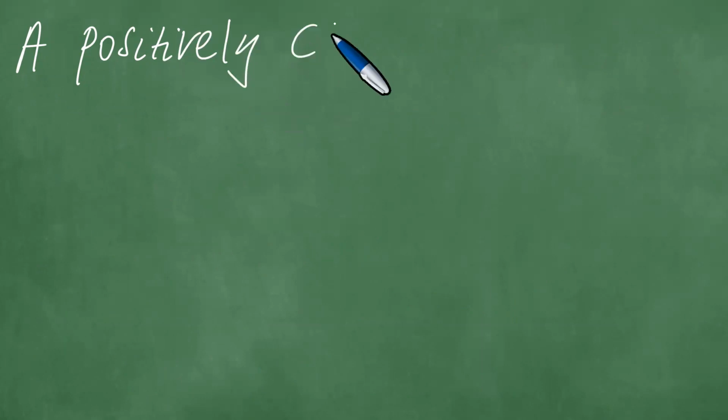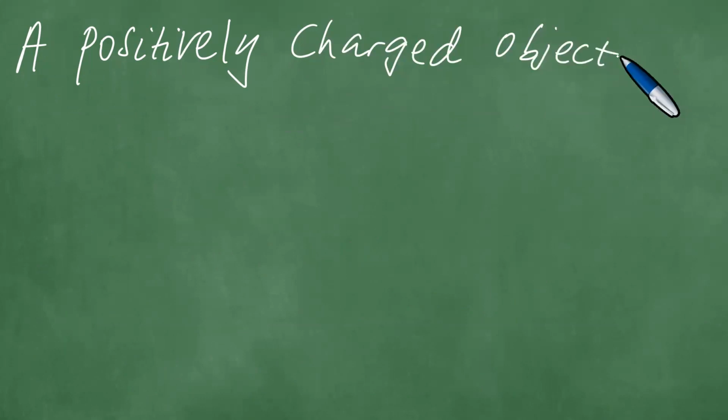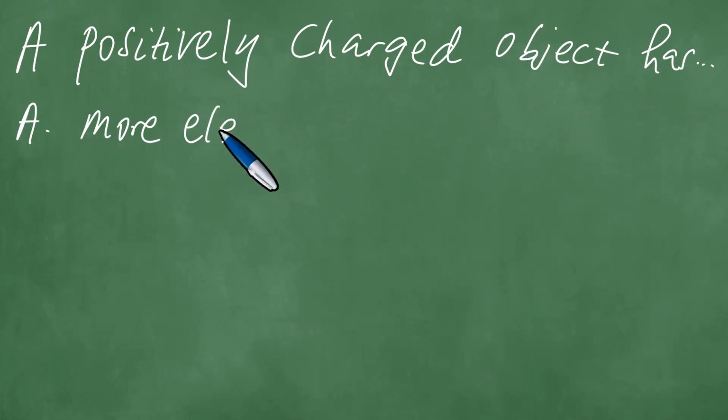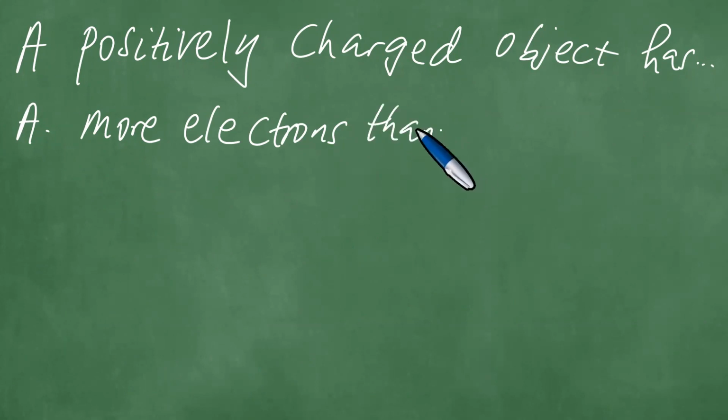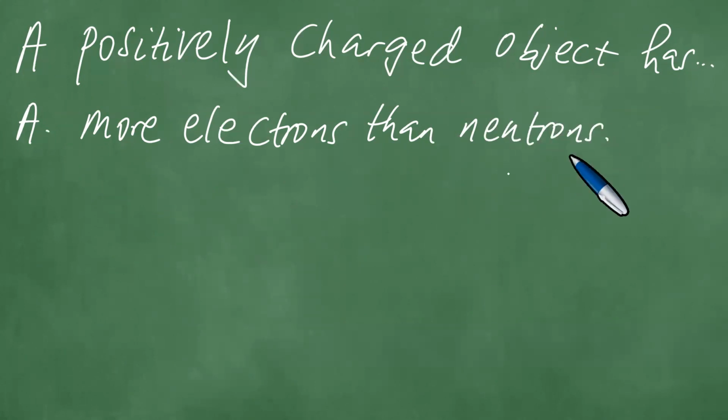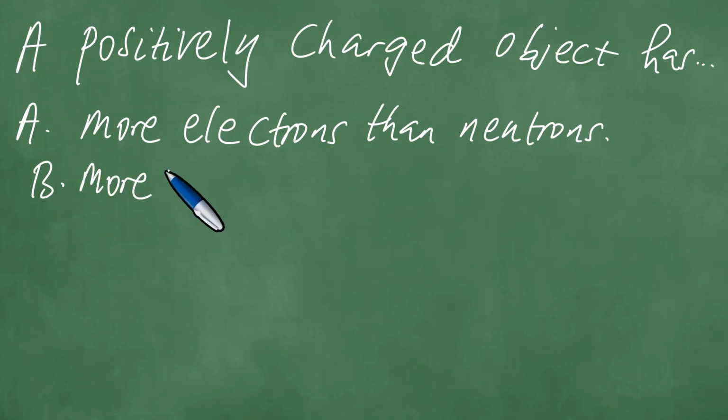A positively charged object has: A, more electrons than neutrons. B, more protons than neutrons.